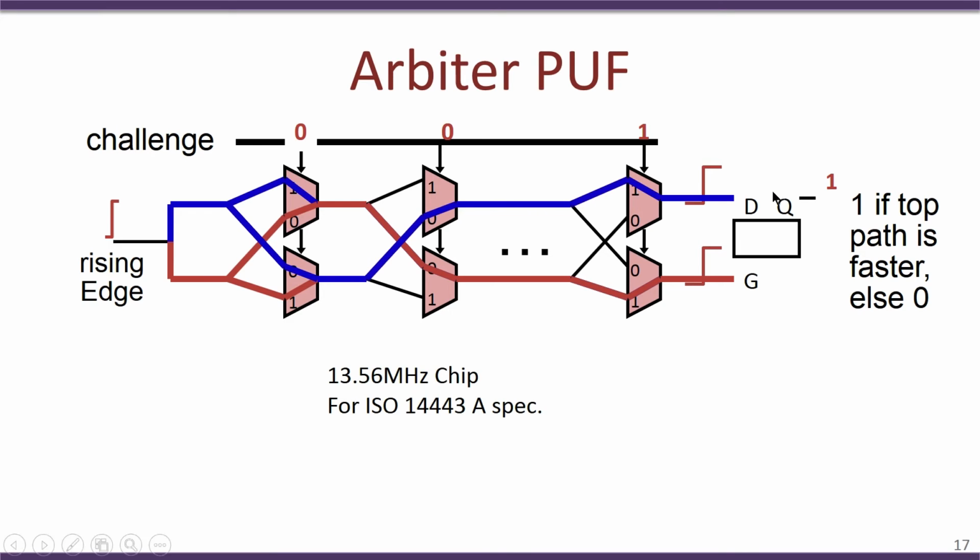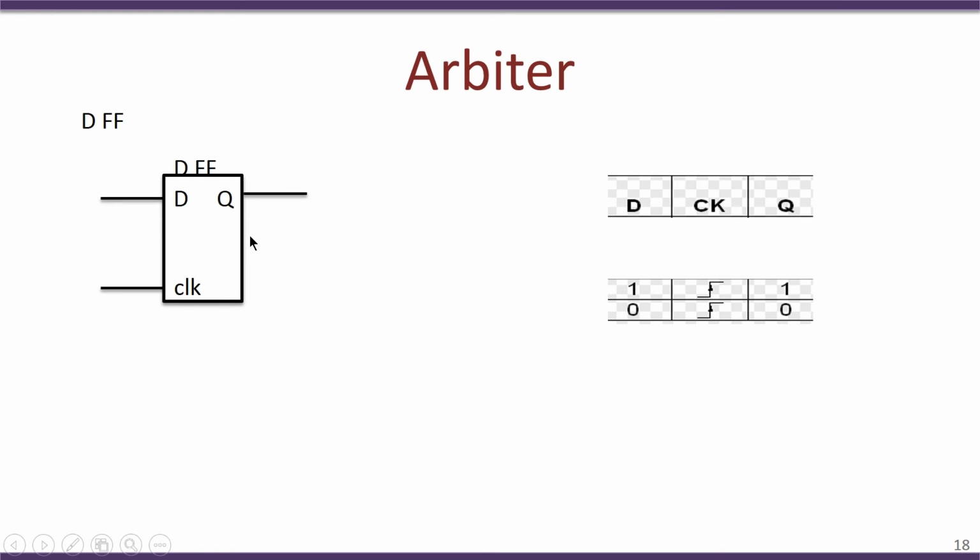Let us look in more detail at how this D flip flop is able to identify which of these two signals is indeed faster. Let us consider a D flip flop, and what is done is that one of the lines, let us say the blue line, is connected to the D input, and the red line is connected to the clock input, and the output is 1 bit, which will give you either a 0 or a 1. Now, let us say that the blue line, which is connected to the D input, reaches first.